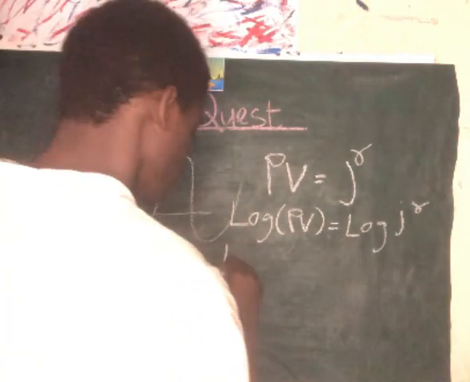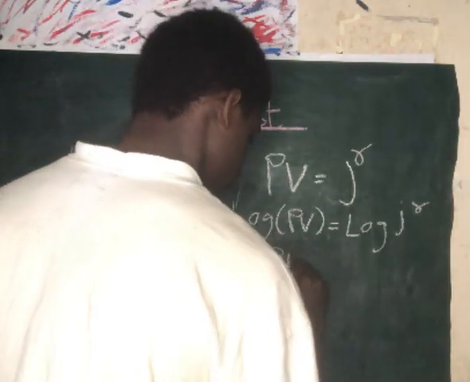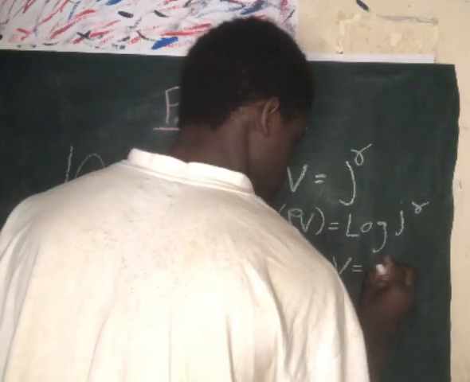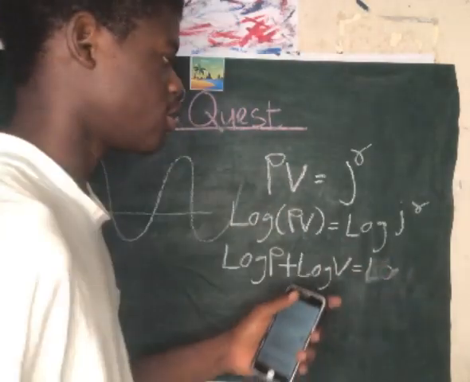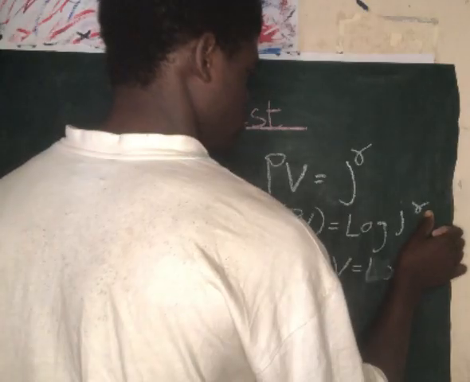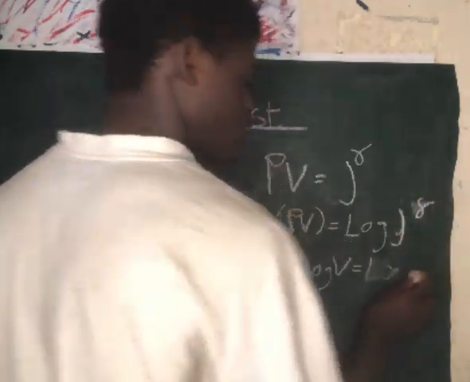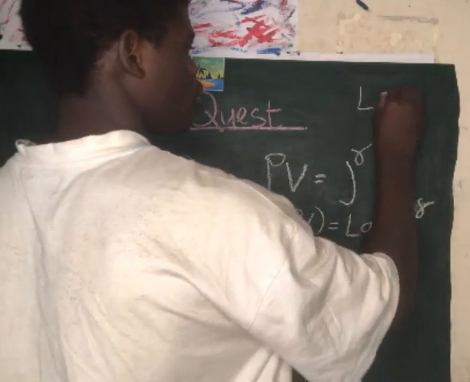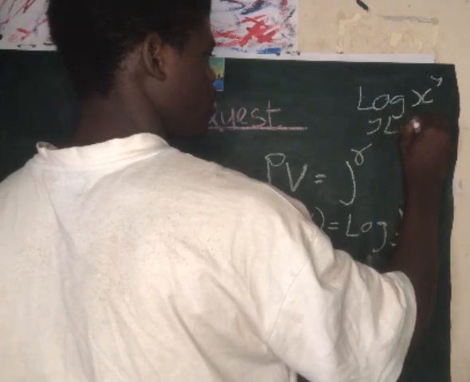So that will be log P. When you open this bracket, that's log P plus log V. And this is log J raised to power gamma. So according to logarithm, when we have log x raised to y, it can be written as y log x.